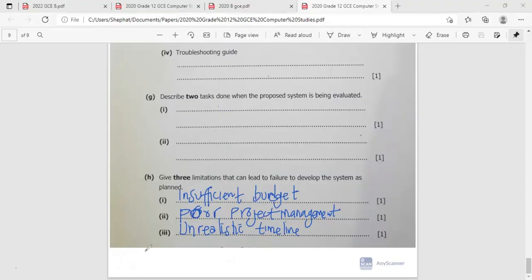The other one is a lack of user involvement. If people using the system are not involved from the beginning, it can lead to a project failure.